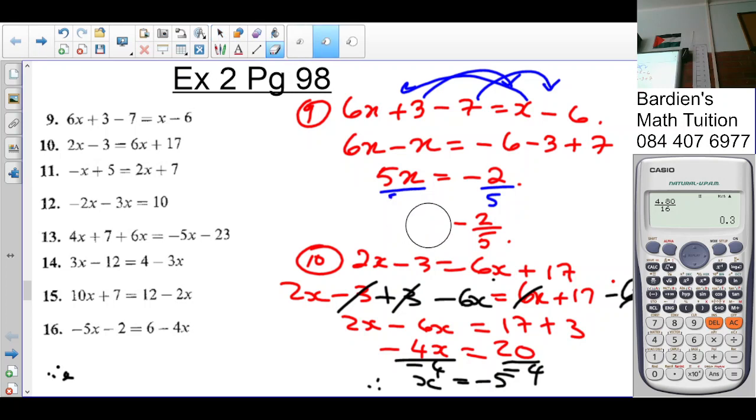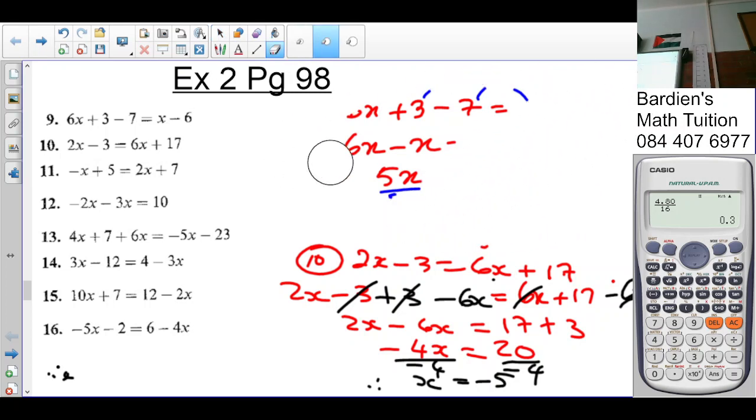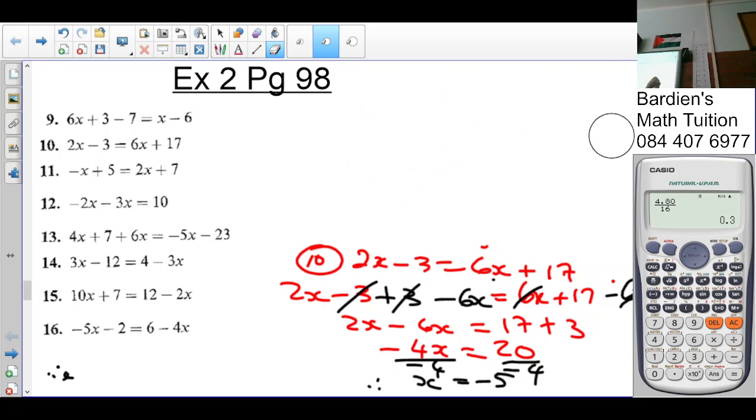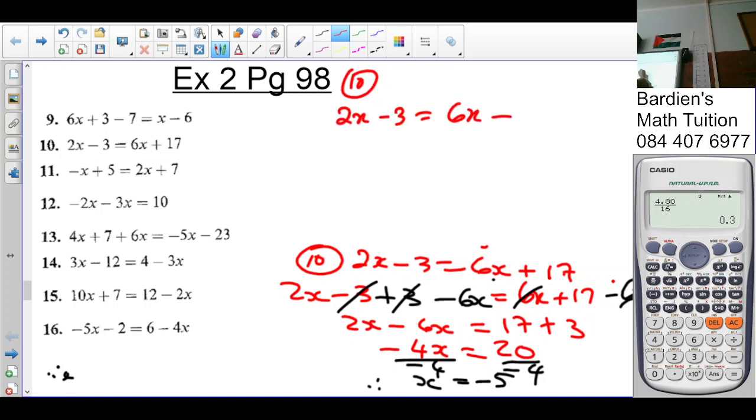Just to show you something, look at the method that I showed you at the end of the lesson yesterday. What I did was, x is one side, numbers are the other side. So you see, the 6x belongs on that side, not so?